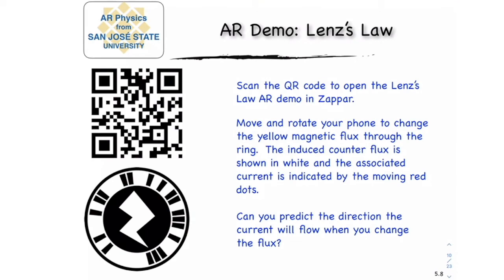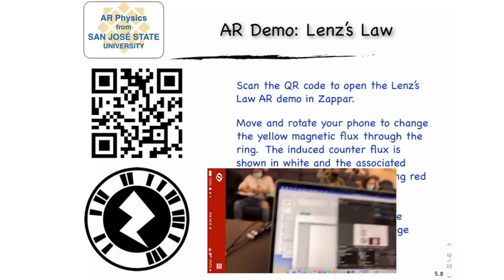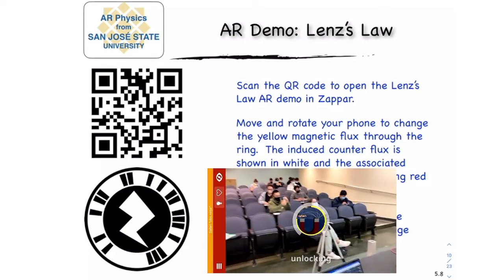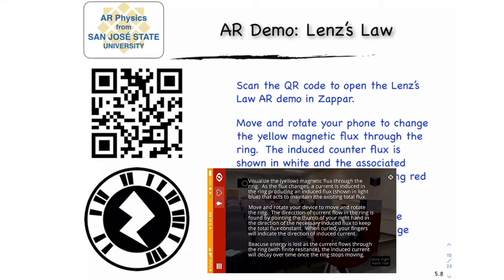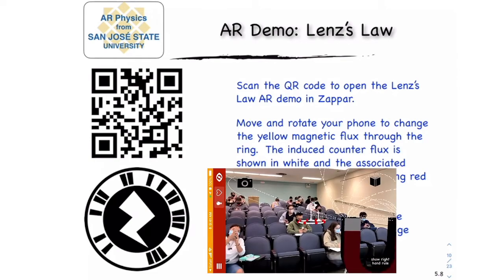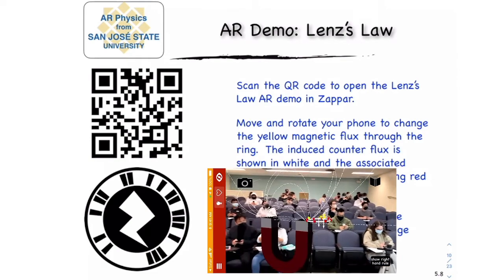Okay, so let's see this in action. You can pull out your phones, and I'm going to walk you through this demo because it's otherwise a little challenging to understand what's going on. Okay, so the splash screen explains it, but I'm here to explain it too.